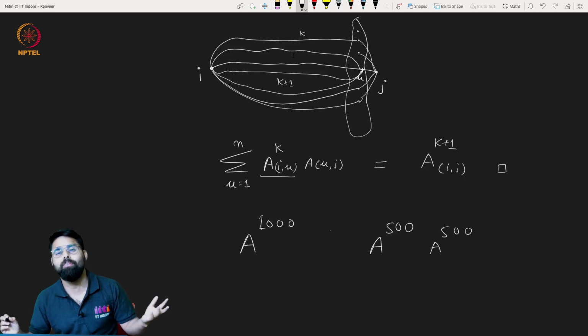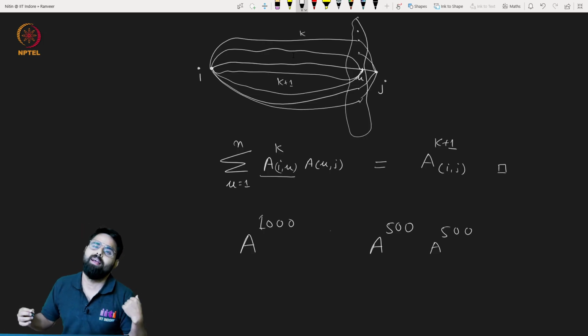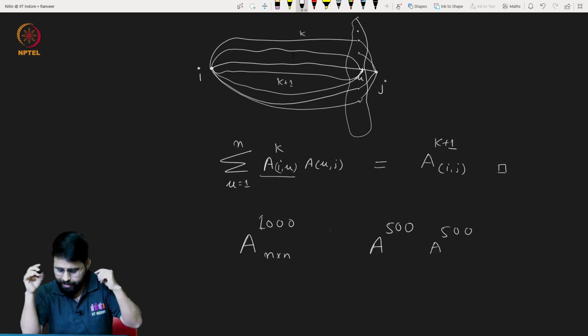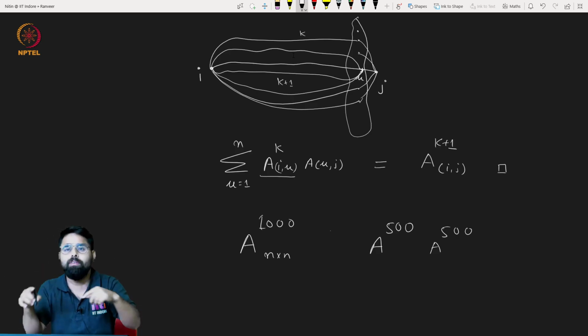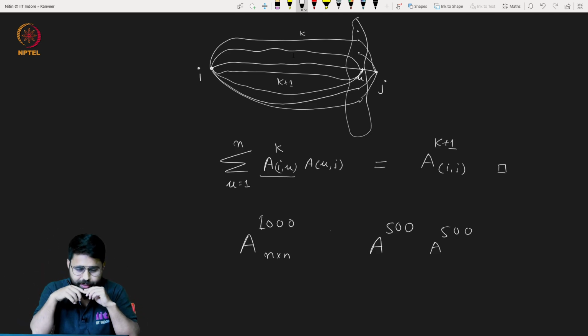Let us find A to the power 250, and so on. So the log of that number will give you the number of matrix products. But is there a more clever way? The answer is yes.